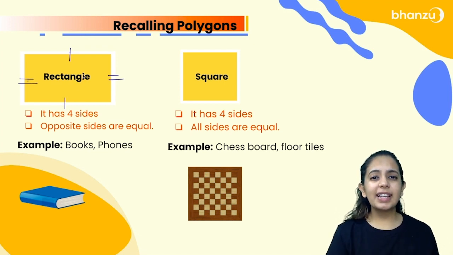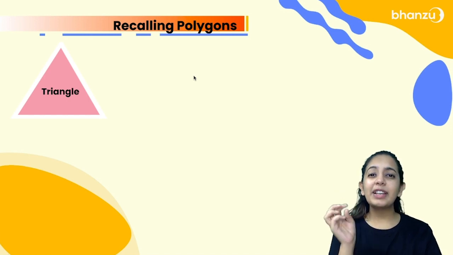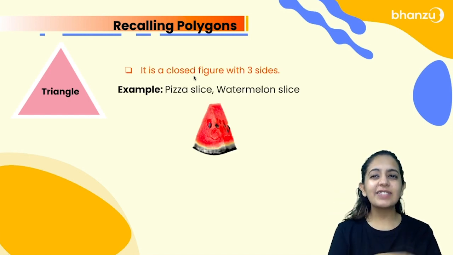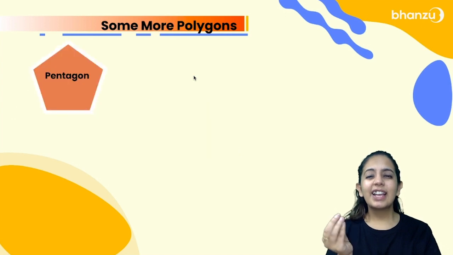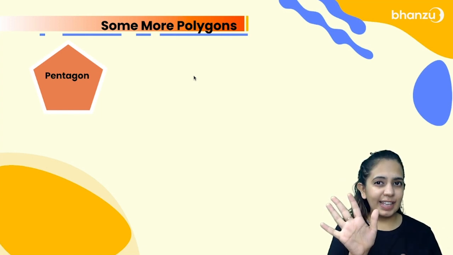Square has 4 sides and all the 4 sides are equal. For example, the chessboard. Now we have also studied about the polygon triangle, the polygon with 3 sides, right? For example, pizza slice.